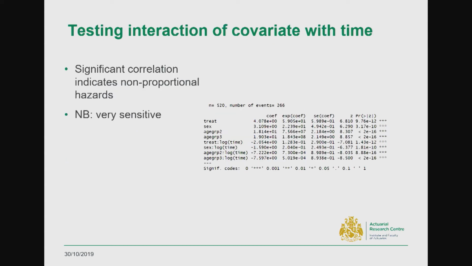If we fit the model with log time, our interactions of log time with covariates are quite significant. You see it from the last 4 lines. So it's very sensitive, we have to be careful.